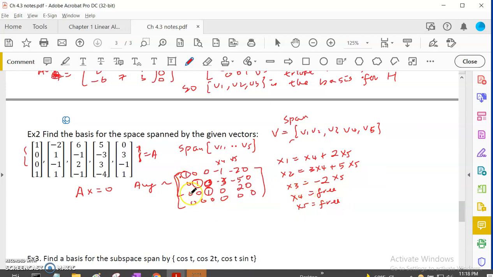So how can I tell that these columns are the independent set and these are not? We can think of it this way: if I delete these two columns, I will have a set that is just linearly independent.